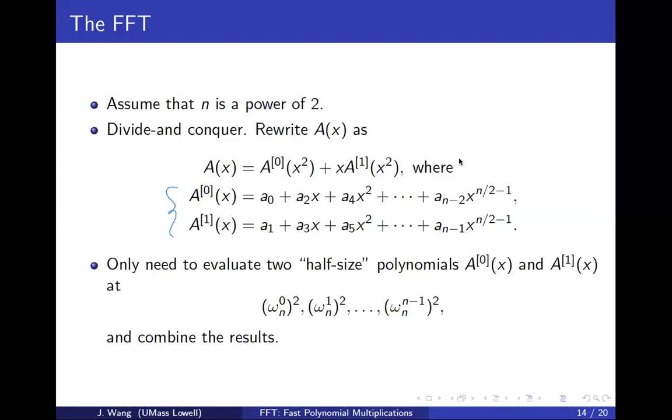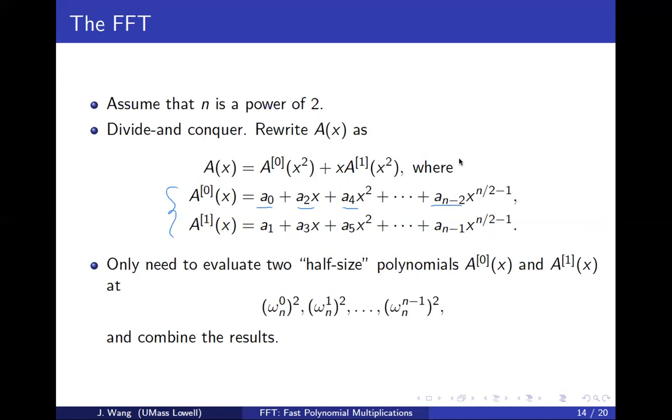Okay, so A0 is on all even terms with even index. So it's a0, a2, a4 up to a n minus 2.